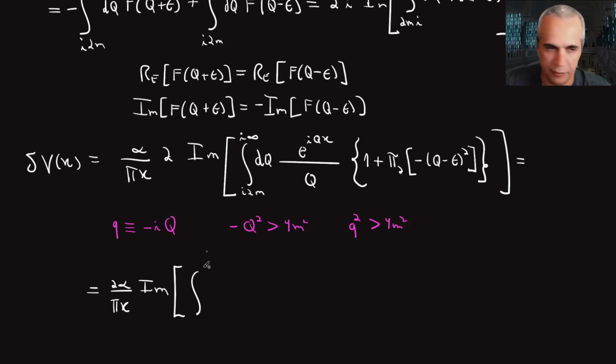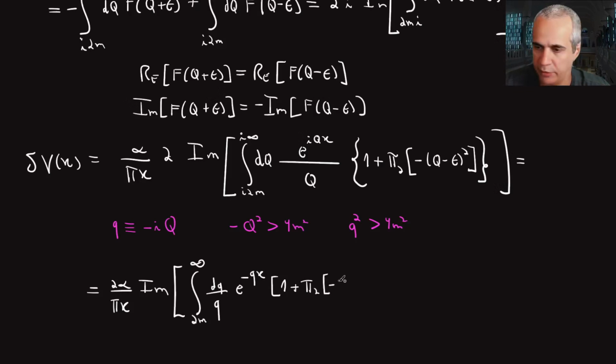Now in terms of q, that's just from 2m to infinity of dq over q exponential of minus qx times 1 plus pi 2 of minus (iq minus epsilon) squared, and close all the brackets, too many brackets.